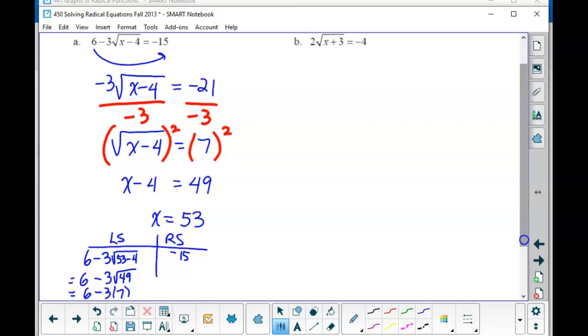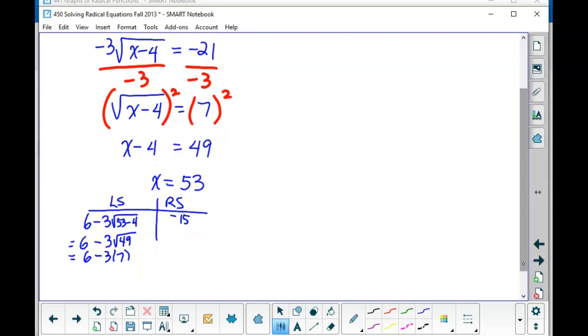So that's -15, which is the right side. Okay, so that is the solution. Go back and put your solution brackets around it or a box around it or whatever. Make it clear that if there are extraneous, you cross it out. And then rewrite what the proper solutions are.